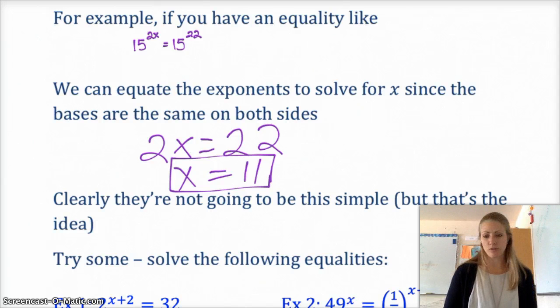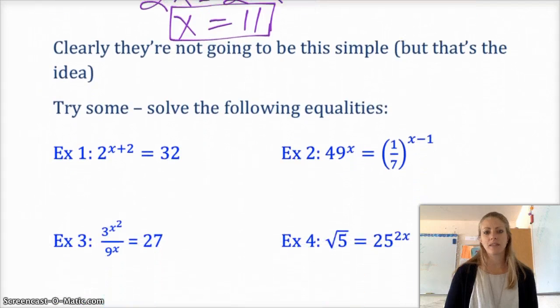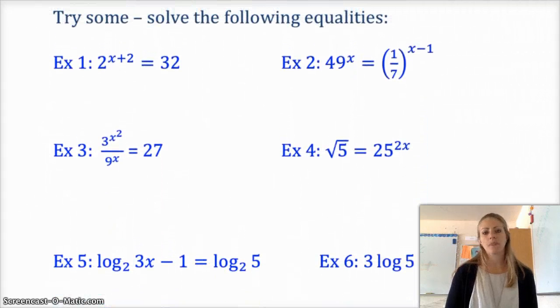I have a couple examples for you, and the idea with these is that if you have an equality, for example, I have the base 2 here. Sorry, that was a horrible circling method. I have base 2 here, and I have base 32 here.